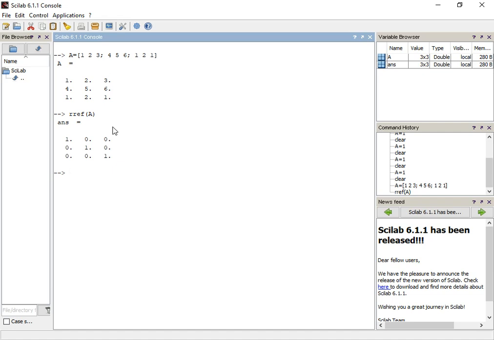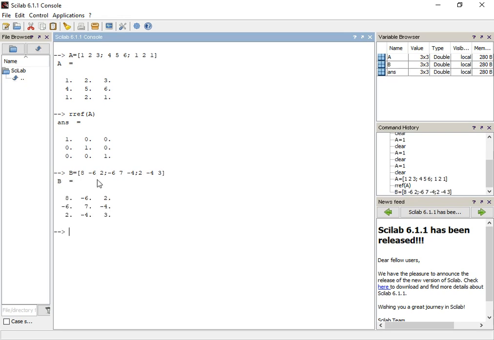Let me go for another matrix B, with rows 8, minus 6, 2; minus 6, 7, minus 4; 2, minus 4, 3.